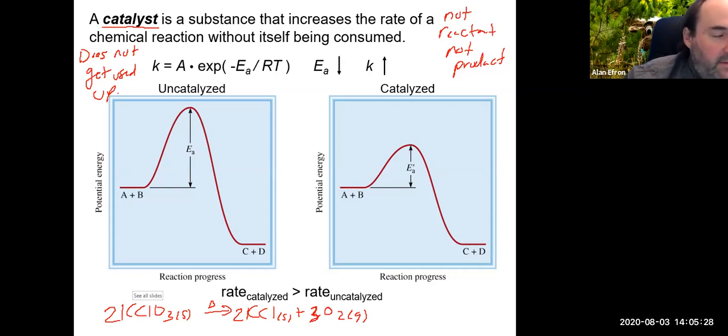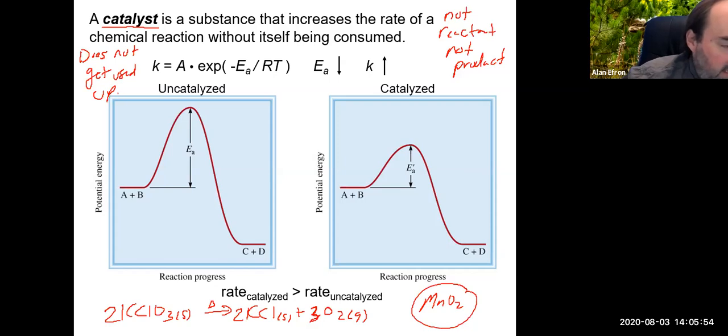Now, if you do this reaction, it actually occurs super slow. If you heat this up, it occurs really, really slow. And you might not have witnessed that if you did that Chem 3 experiment, because in addition to the potassium chlorate, they oftentimes put in a catalyst, and that is MnO2.